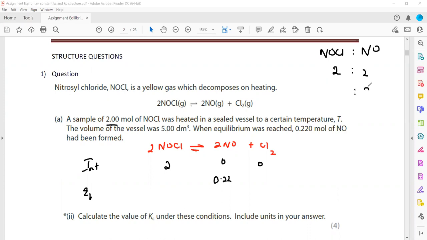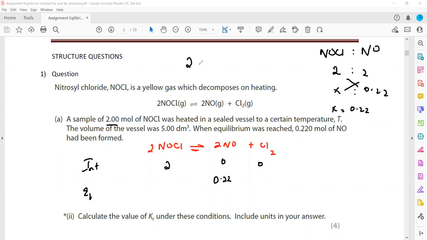So if we have 0.22 moles of product, then 0.22 moles of reactant are used. But we need how many moles are left at equilibrium.